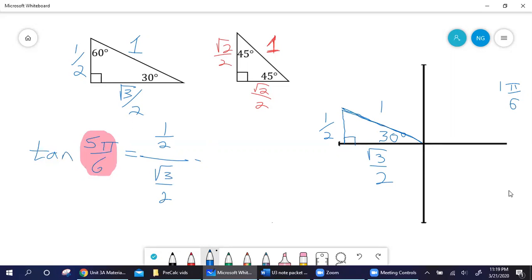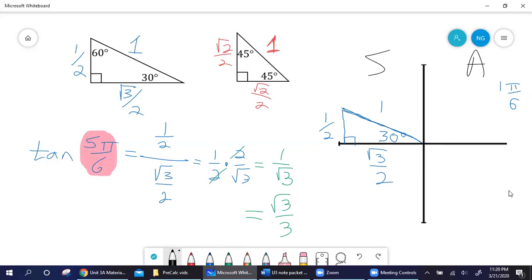If I'm dividing by a fraction, I'm multiplying by the reciprocal, so 1/2 times 2 over √3. Cancel. I'm left with 1 over √3, which rationalizes to √3/3. Now, the one thing I have to remember is all students take calculus. I am doing a tangent problem in the second quadrant. Only sine is positive in the second quadrant, so this answer is actually negative √3/3.